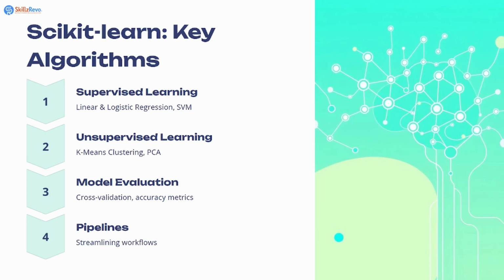Next, these are the scikit-learn key algorithms: supervised learning, unsupervised learning and model evaluation. Supervised learning is the kind of learning where we know the answer for a particular question, where we have the target value, which we call a label, assigned to that particular problem.